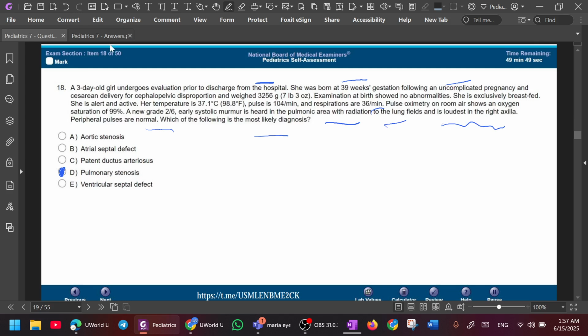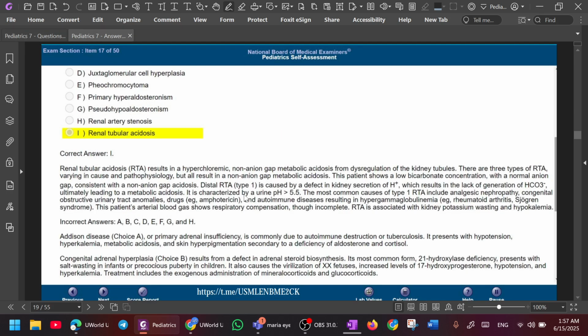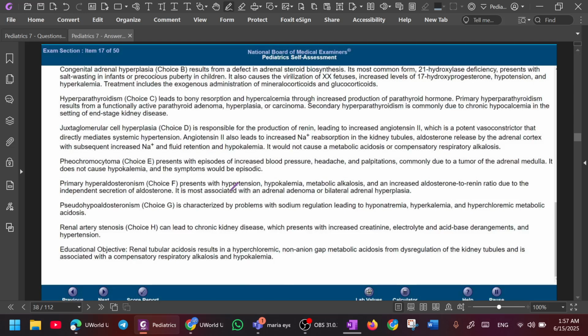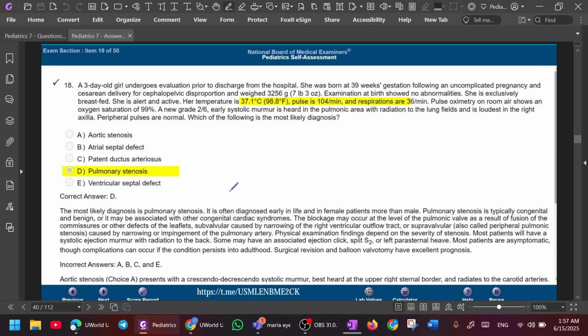Ready? Systolic murmur, as long as that makes sense. But wait, can also be ASD.